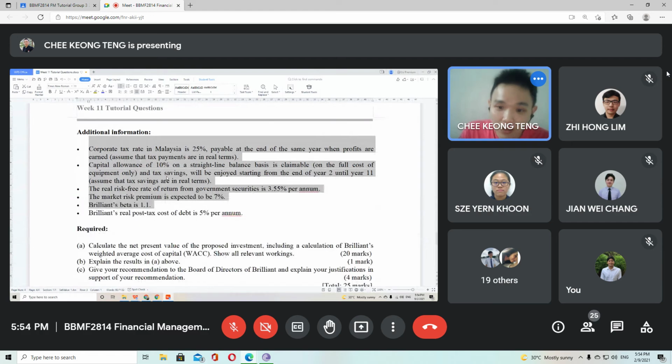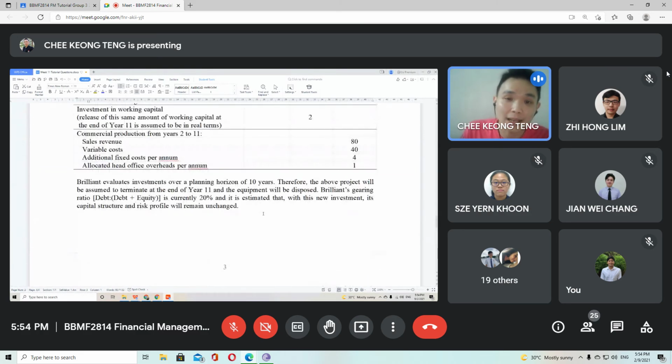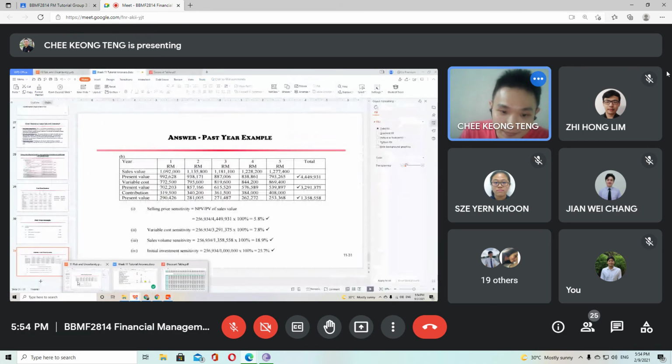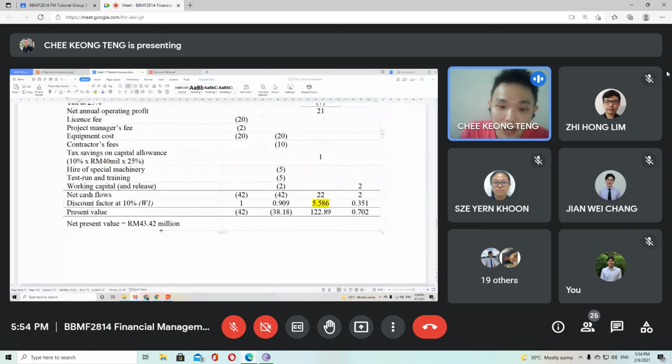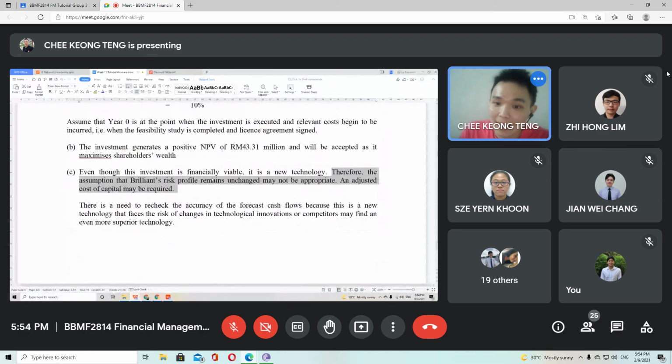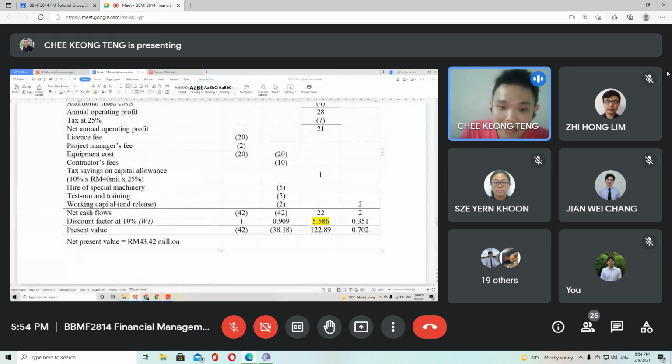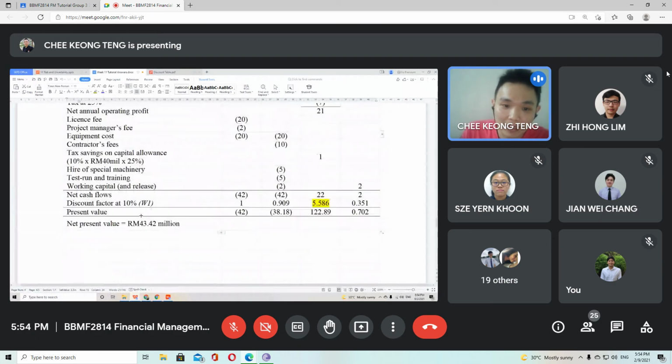But this question still uses the existing WACC because it assumes things remain unchanged. But with the new technology, there should be some changes. So the formal answer says it could be a problem. We should consider that the discount rate we are using, this 10%, might not be accurate. We should use a project-specific WACC to be more proper.